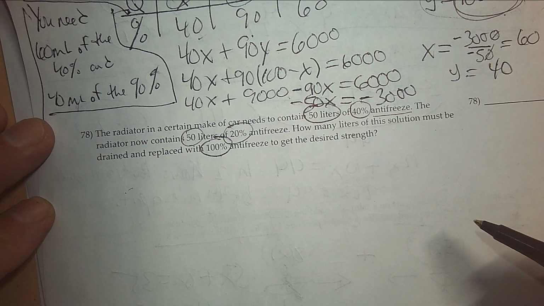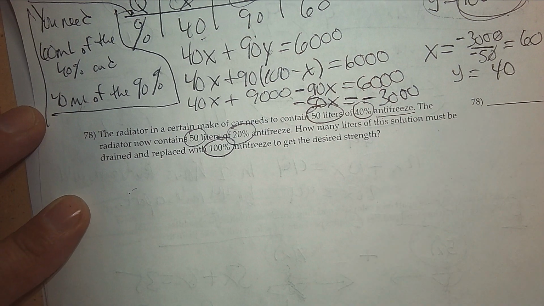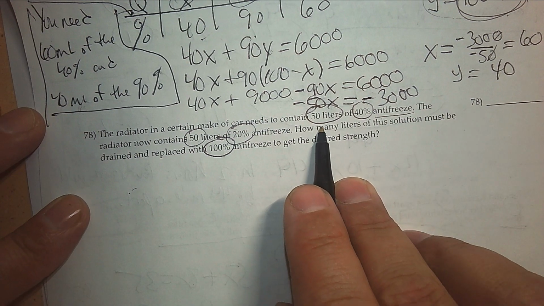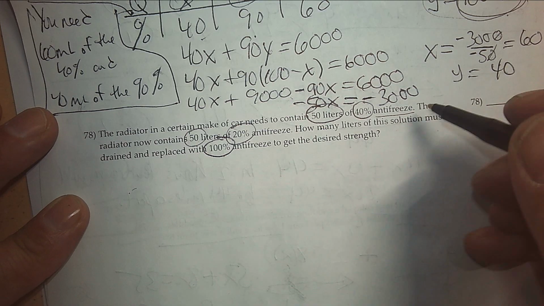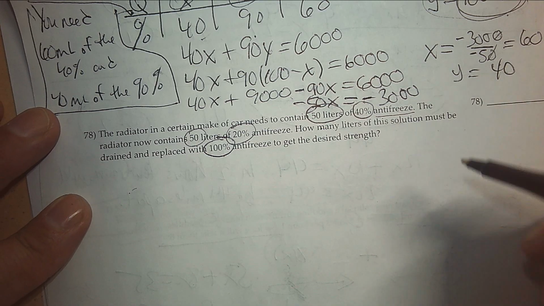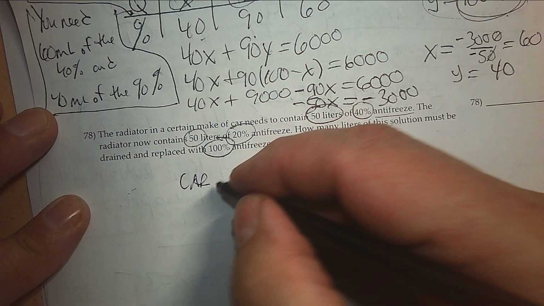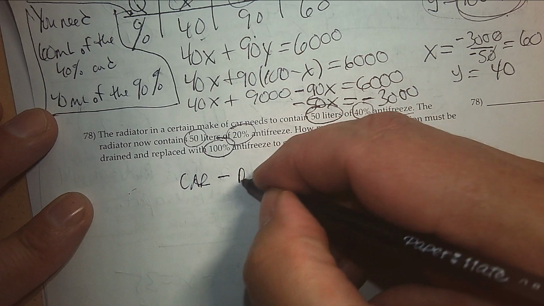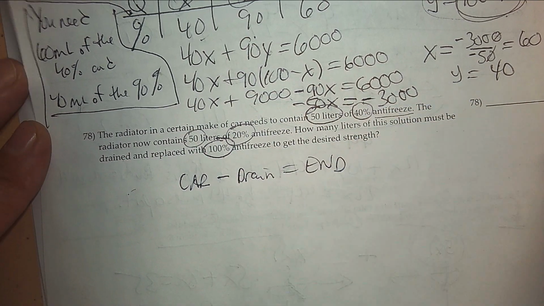All right, what are we starting with? So if I think of this, that's what's in the car right now. We're going to drain something, and then you have the end amount after you drain it.